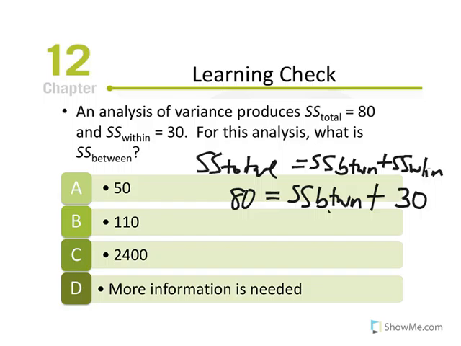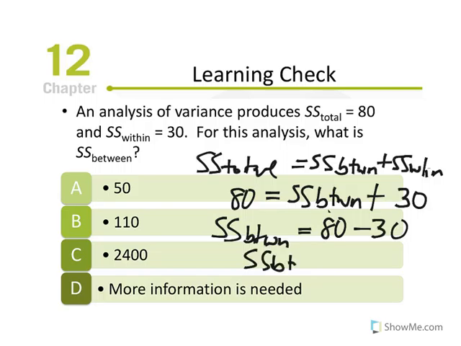So if we use basic algebra, move variables around, again, we want to solve for SS between, then that would mean we would take 80 and subtract 30, and so our SS between is equal to 50. And you probably didn't need all of those steps to figure out what SS between is equal to, but here you see it logically presented, and again, affirming the relationship between these variables.